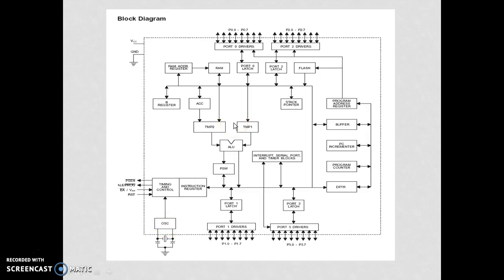Some registers are available, like the stack pointer, it is one of the registers. Generally they are called SFRs. These are some of the SFRs. Power and ground are essential for this microcontroller. In case of a microprocessor, we require external RAM/ROM, but here it contains everything inside the chip.